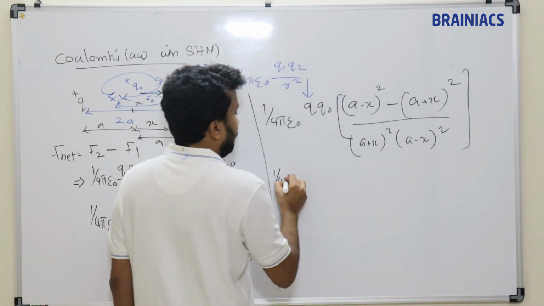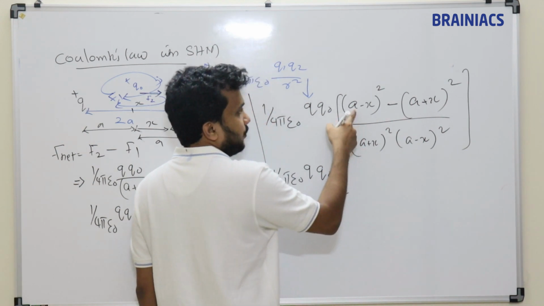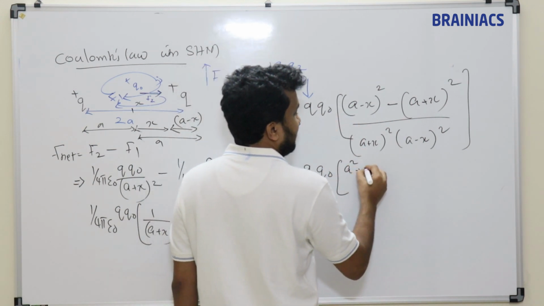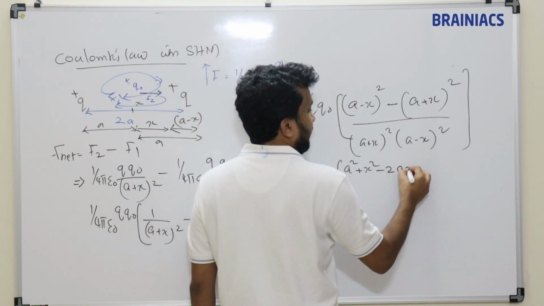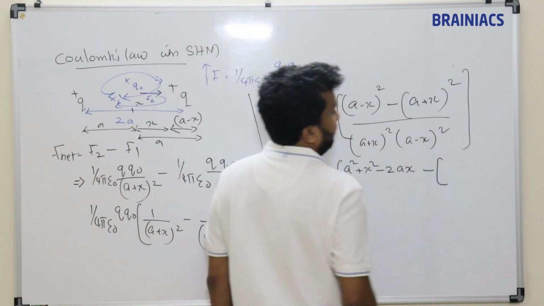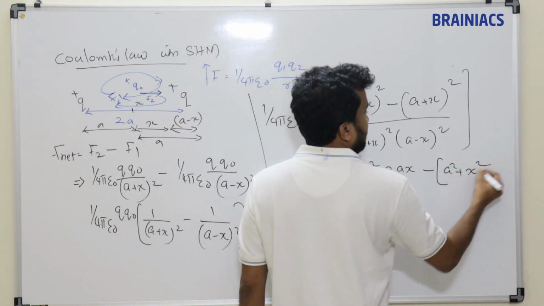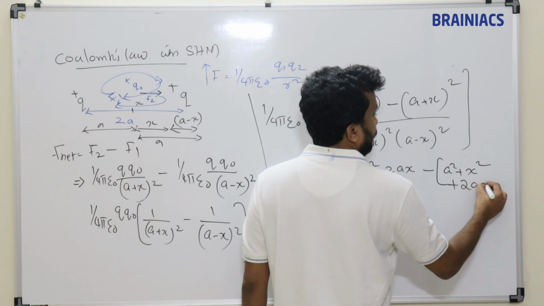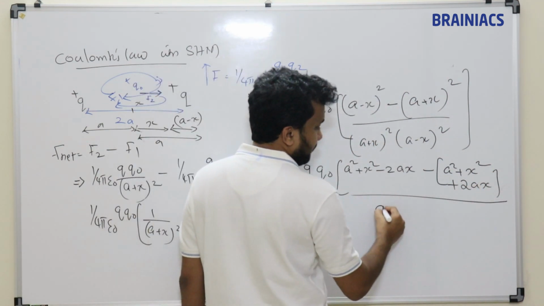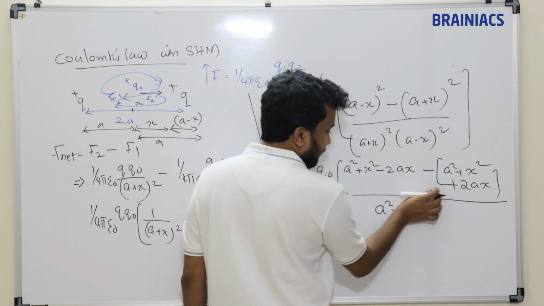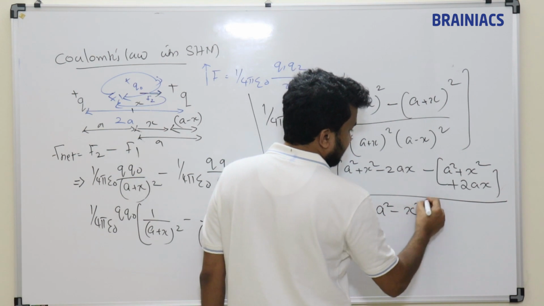So 1 by 4 pi epsilon 0 Q into Q0. Here A square plus X square minus 2AX, minus of A square plus X square plus 2AX, whole divided by A plus X into A minus X, that is A square minus X square.